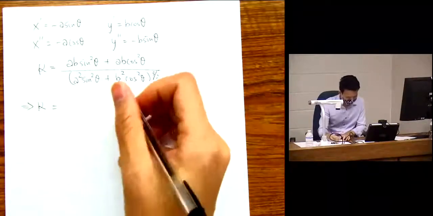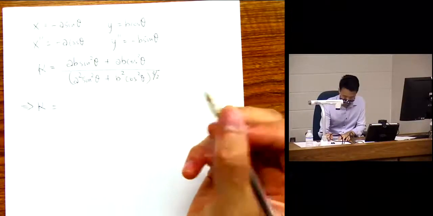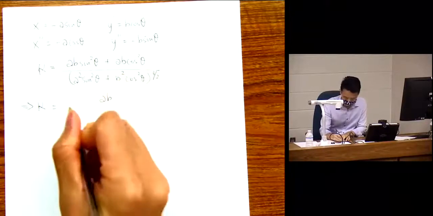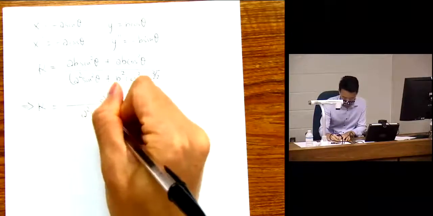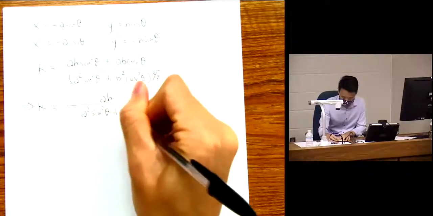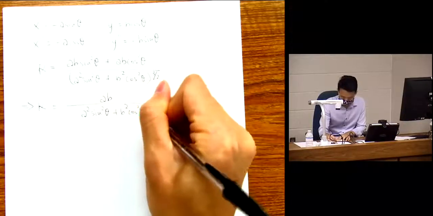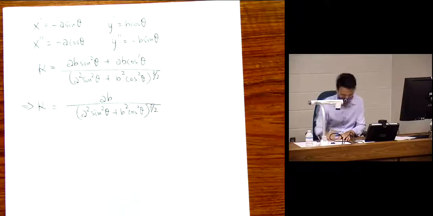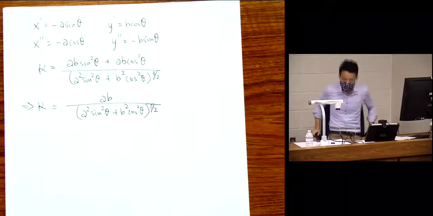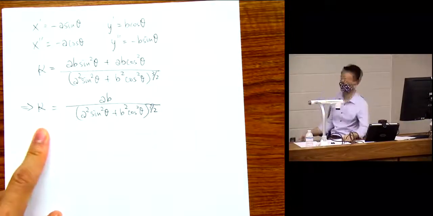So, carrying through the calculation, we get a b. Okay. Now that curvature equation works for the whole ellipse.